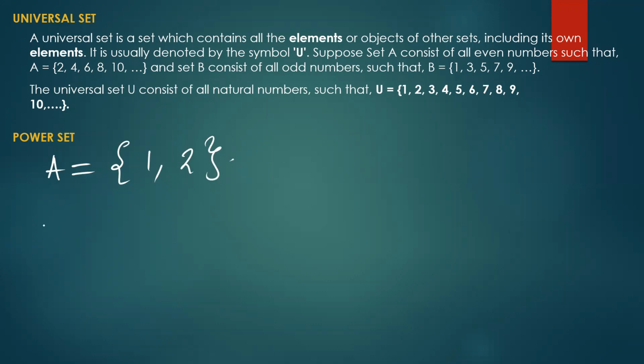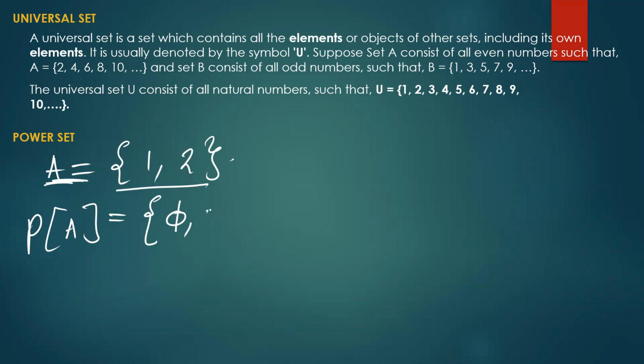If we are to find the power set of A, it is simply a set that is going to have all the subsets of set A, including the empty set and the set itself. So the first subset of A that we have is the empty set, followed by the set itself, which is 1, 2. And then we can also list this alone and that alone.